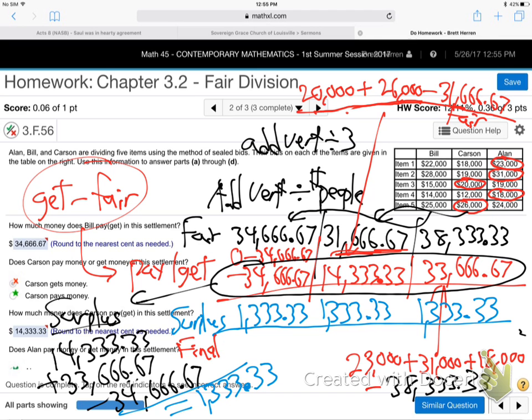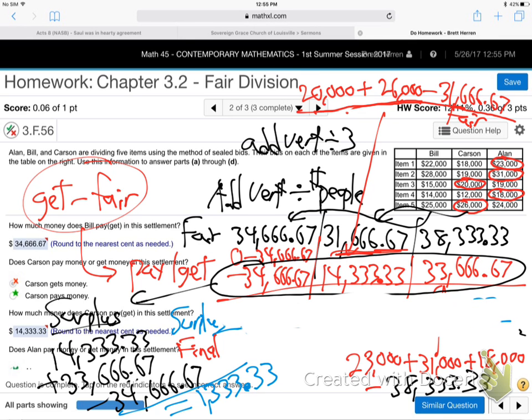Oh, I'm supposed to divide by 3. Right? These are tedious. I'm supposed to take that surplus and divide by 3. I forgot. Because that's the total surplus, the 1,333.33. But then you divide it by 3 because they each get a third of that, right? Oops, I think I just multiplied it by 3. Yeah, I'm all messed up.